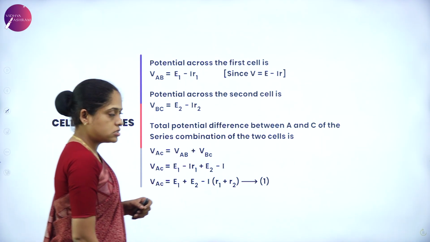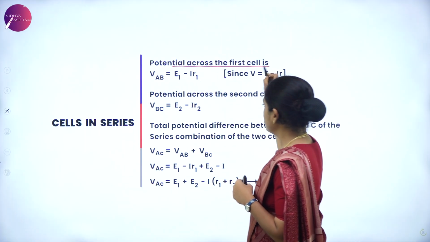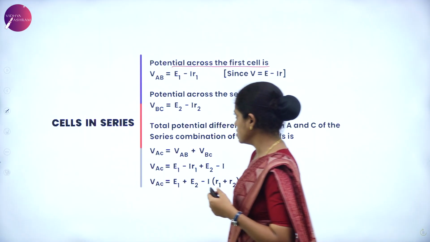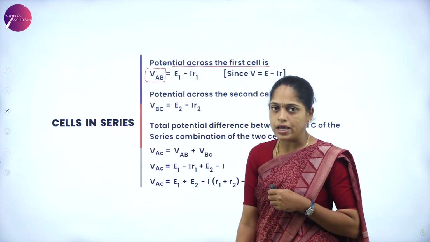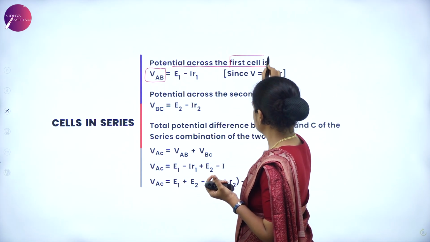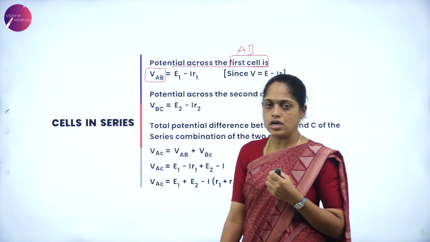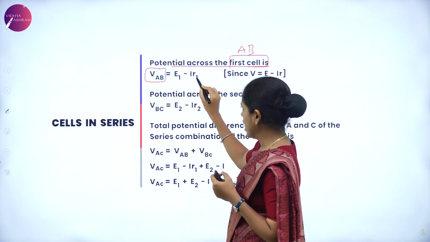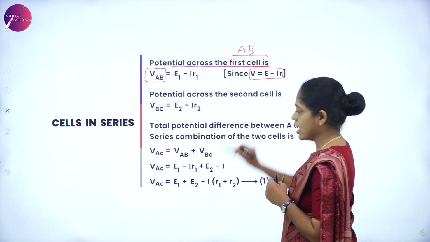Next, find out the potential across the first cell, that is, the terminal potential across the first cell. The terminal potential difference is represented by the letter V, and it is between points A and B. Therefore, you represent it as VAB is equal to E1 minus IR1, by the relation V is equal to E minus IR.